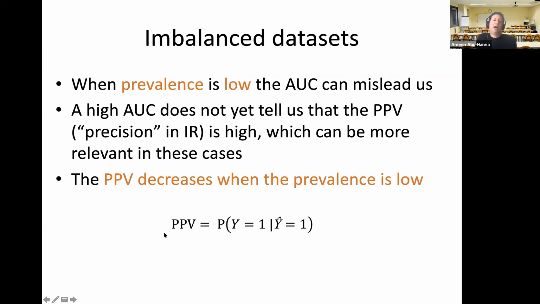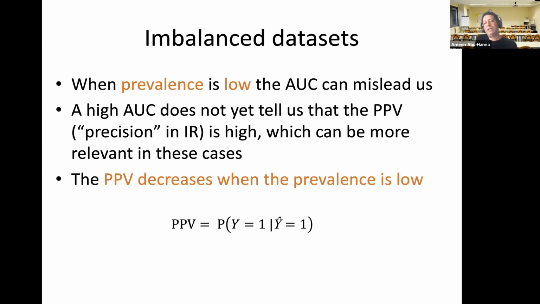Now, there's another problem with the AUC. When the prevalence is very low, for example, you have only 1% mortality or 0.5% mortality in the data set, the AUC can be a bit misleading. You will get maybe a good AUC, but when you want to use the model in clinical practice, I don't only care about the AUC, I also want to know what my positive predictive value will be.